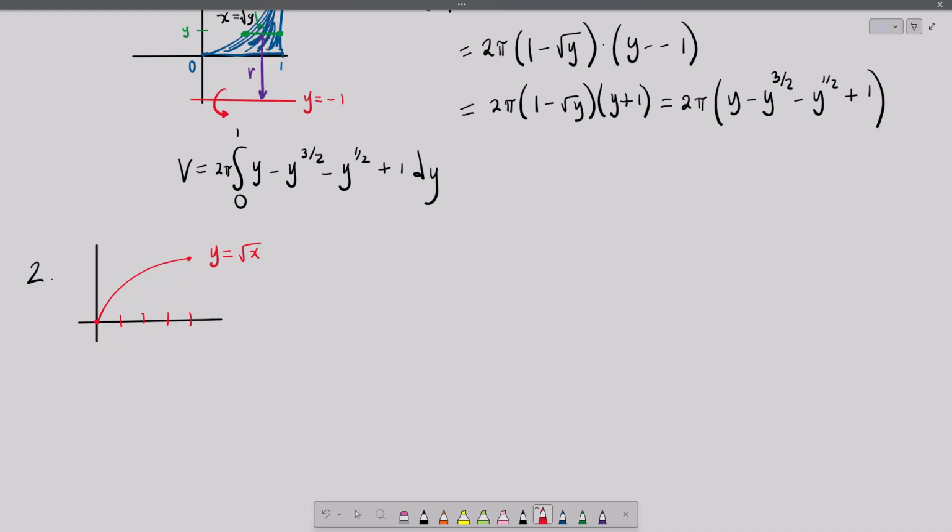But that doesn't matter. We can still set it up. So let's suppose we have y equals the square root of x from 0 to 4, and let's suppose we want to rotate it. You want to go around the x-axis or the y-axis? Does one seem more problematic?